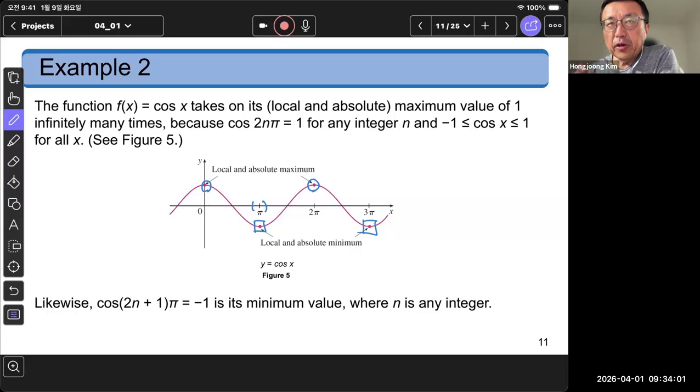So figure 5 shows that these extreme values, whether local maximum or local minimum, absolute or global, may not be unique.